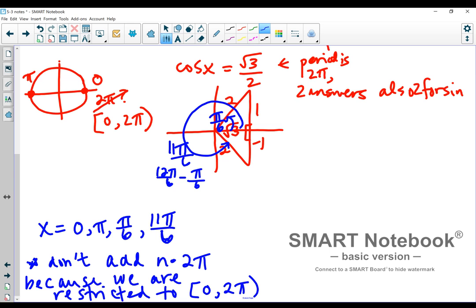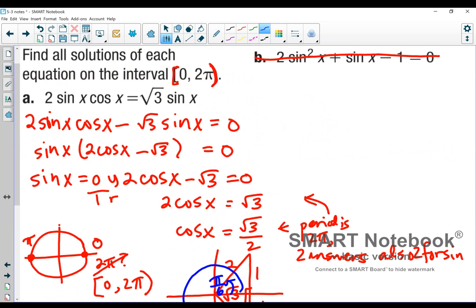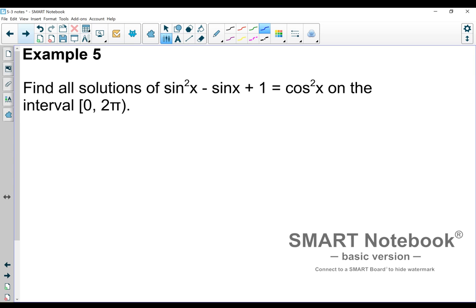All right, so that's just a little note about why we didn't put that in this time. And again, we knew that each of these functions, because they each had a period of 2 pi, were each going to have 2 answers.